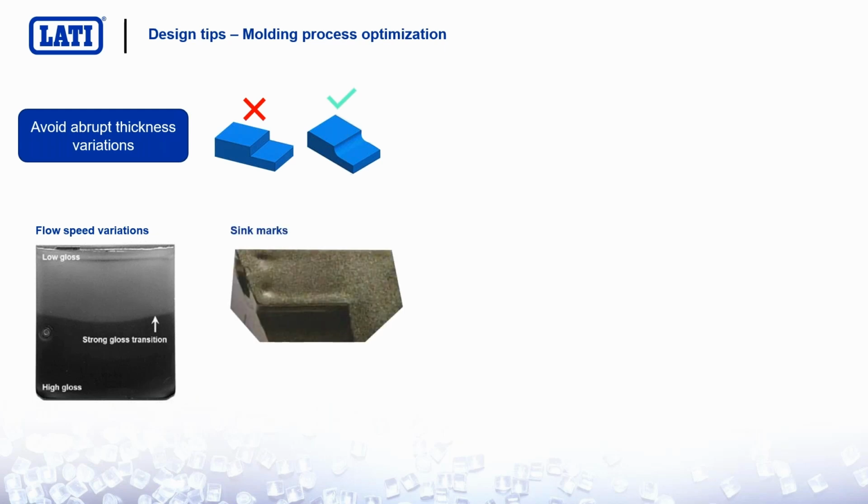The second one is sink marks, due to a different volumetric shrinkage between the thickest part and the thinner one. And also deformations, also due to the different volumetric shrinkage of the two areas having different thickness.